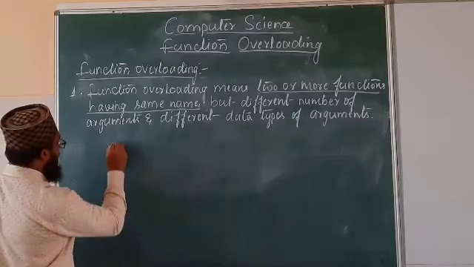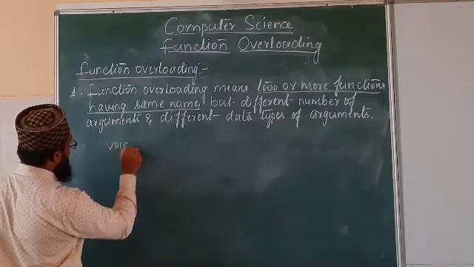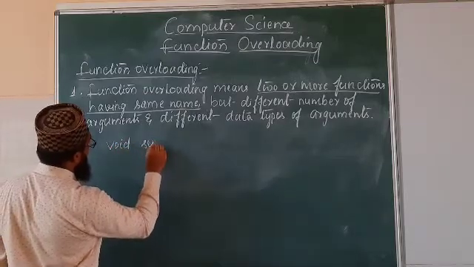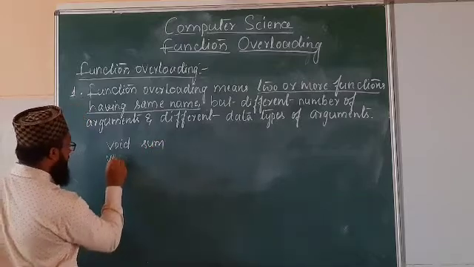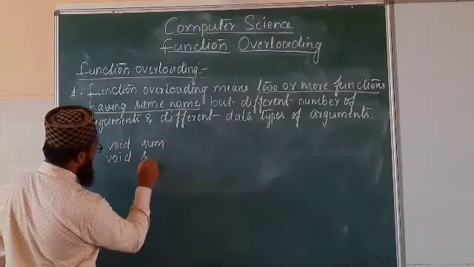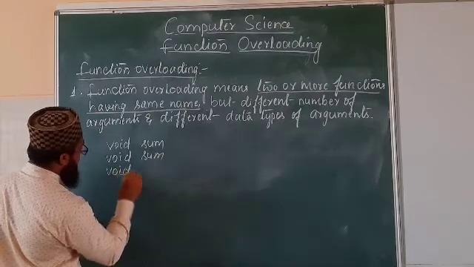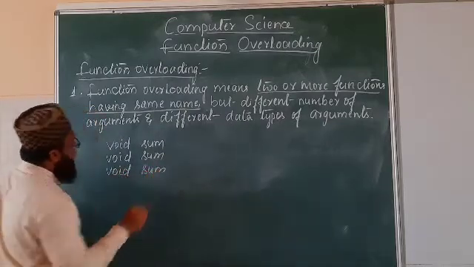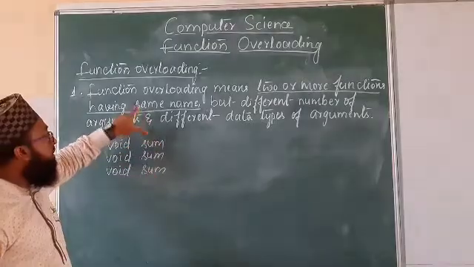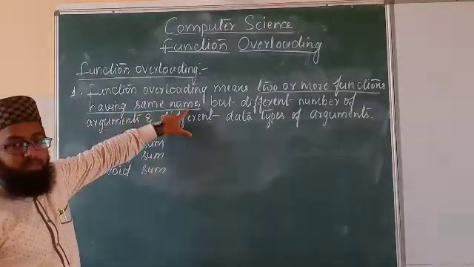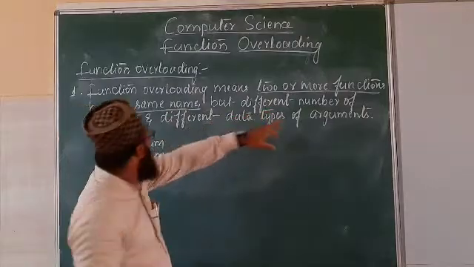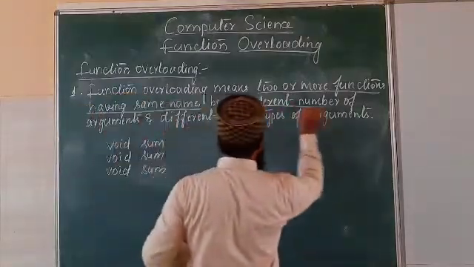I will take void sum, then again void sum, and again void sum. See, three functions are there but having the same name, and different numbers of arguments.